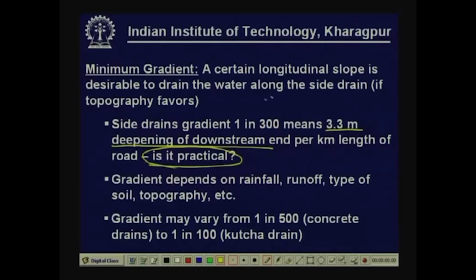So, a certain longitudinal slope is desirable to drain the water along the side drain, and this should be attempted if topography favors. Matching it to the natural topography, if we can provide a mild longitudinal slope, that may be beneficial.